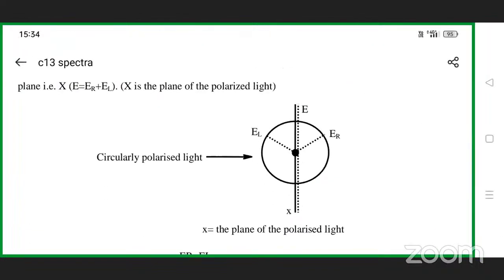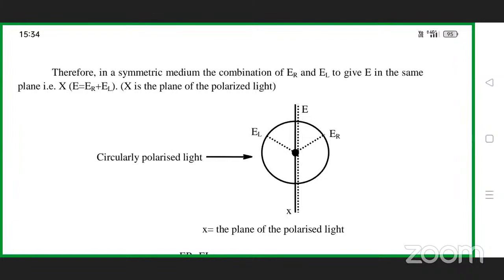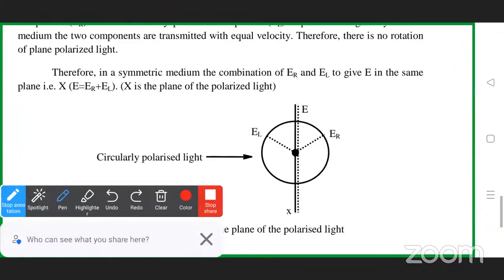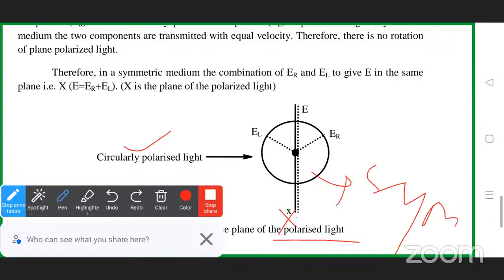Here you can see circularly polarized light. This is the plane polarized light, and this is a symmetric medium. So it rotates the light with equal proportion.